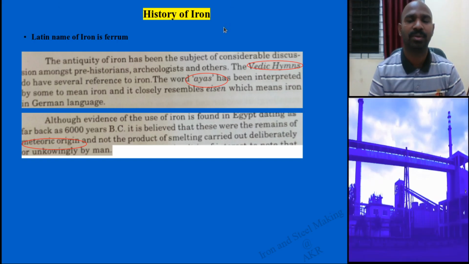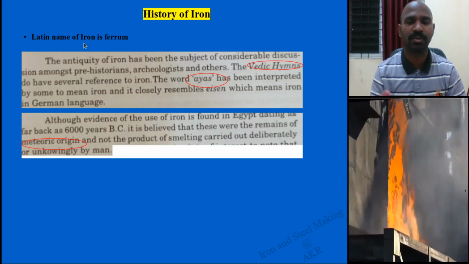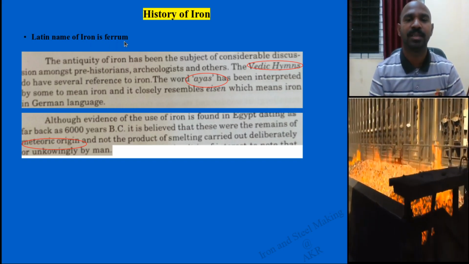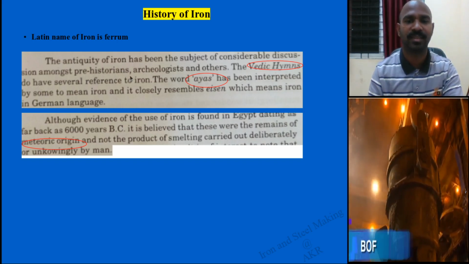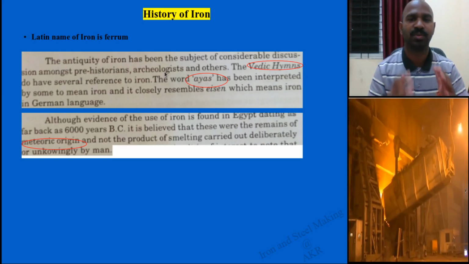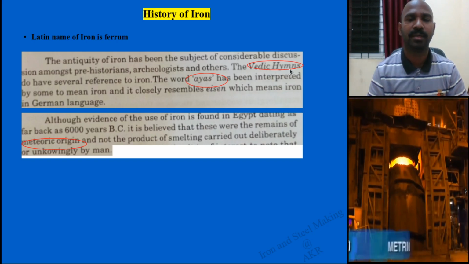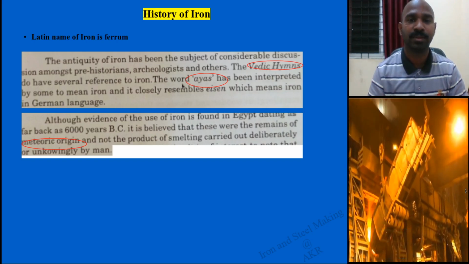Now let me talk about the historical point. In Latin, iron was called ferrum. Prehistorians, archaeologists and mineralogists suggested, based on their scientific studies, that it was existing in the Vedic age, in the Vedas.